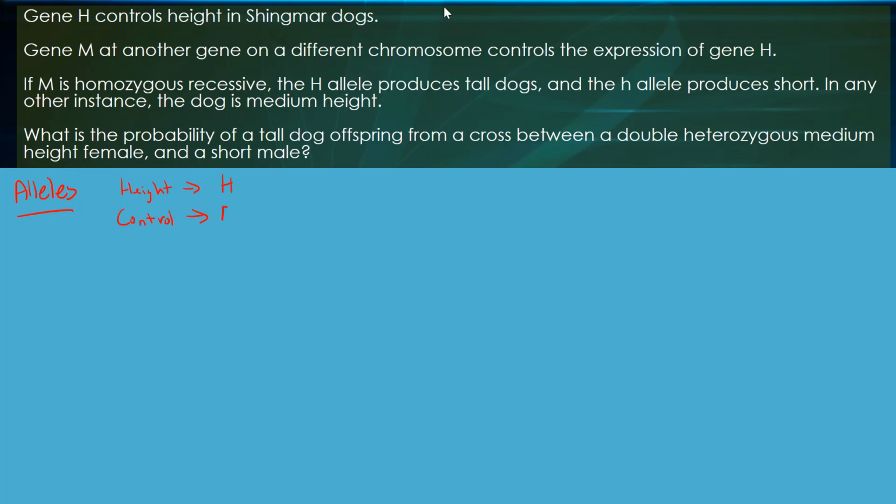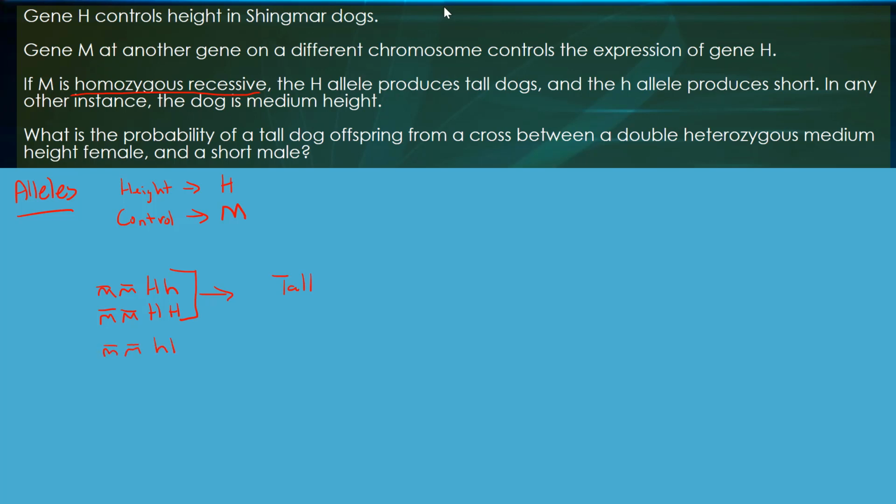The M controls, in the case of little m, so if this is homozygous recessive right here, that is going to be tall, plus, again, homozygous recessive, this will also be tall. So just two types to get the tall dog. In any other instance, the dog is medium height. Let's just do what short is before we do the medium.